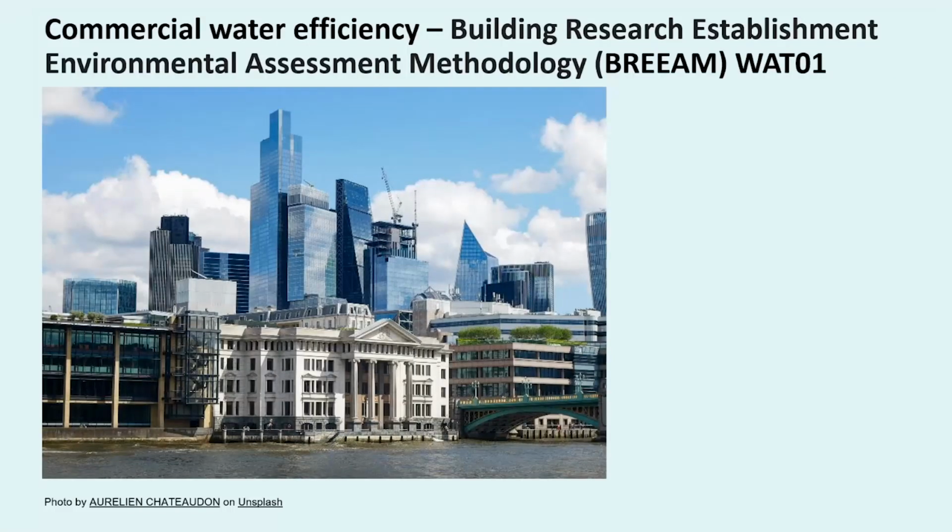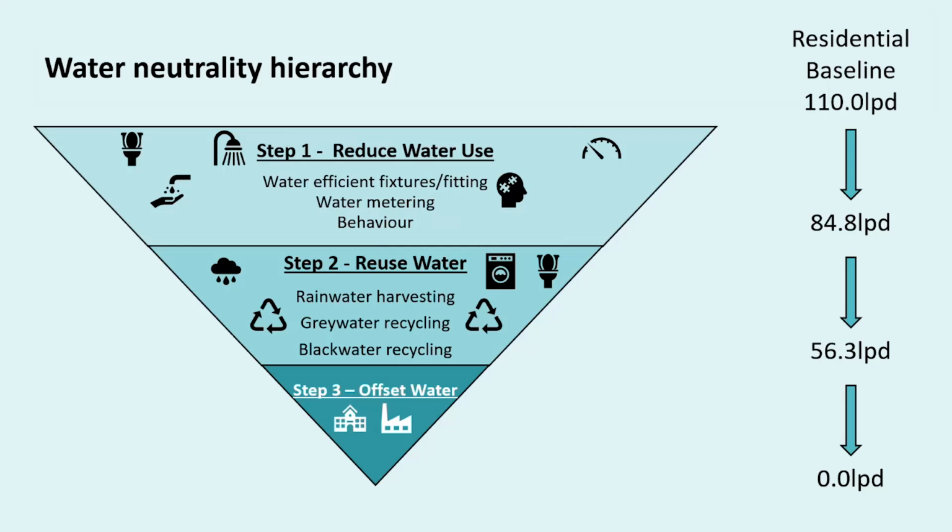Next slide, please. So revisiting the water neutrality hierarchy, we can see that the integrated water management approach for our example house would result in the PCC being reduced from 110 to 84.8 in step 1, and then further reduced to 56.3 in step 2 through the use of rainwater harvesting or grey water recycling.